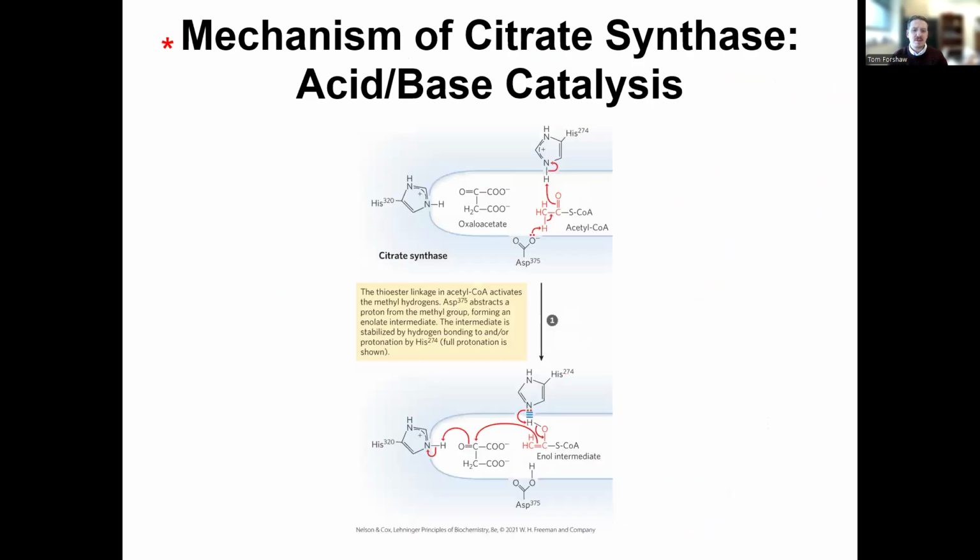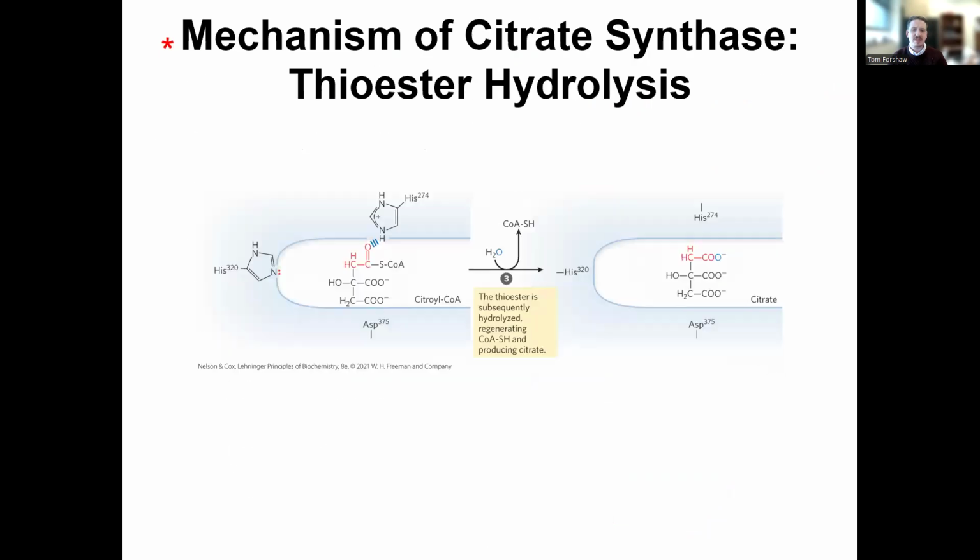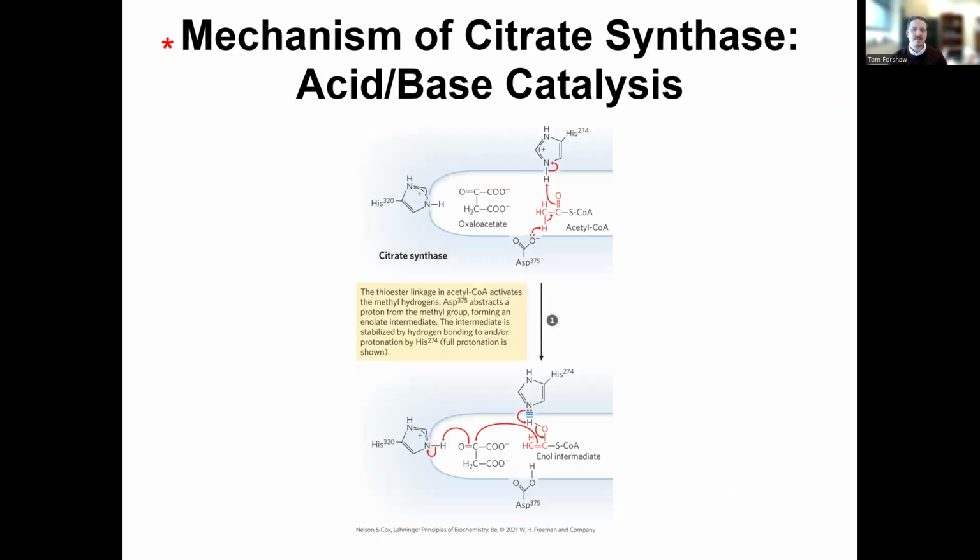Now, the mechanism is given on these next 3 slides. I'm going to summarize it quite simply, and you will be tested on the summary of what occurs. Really, I can break it down into 3 steps.